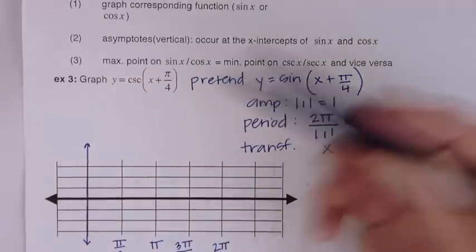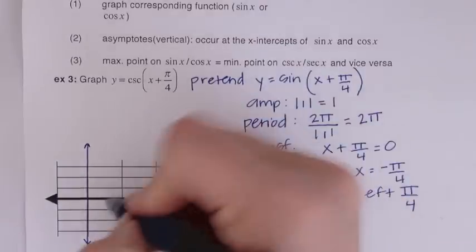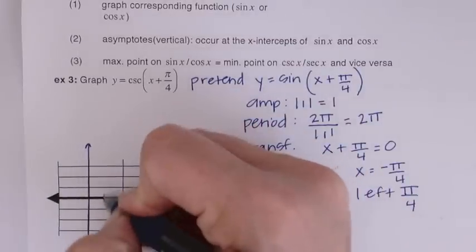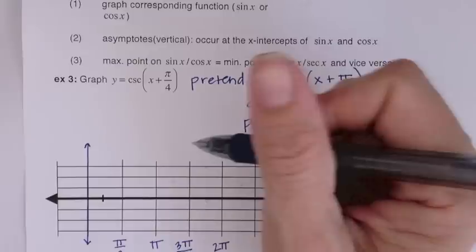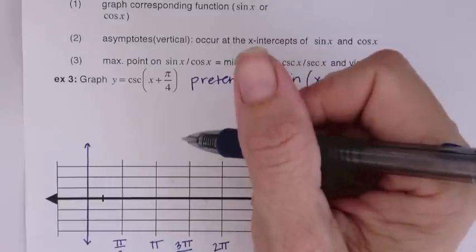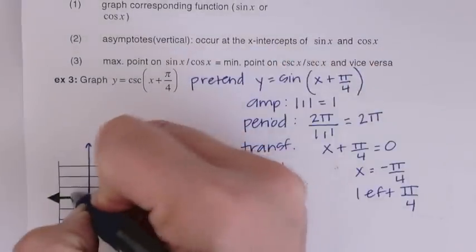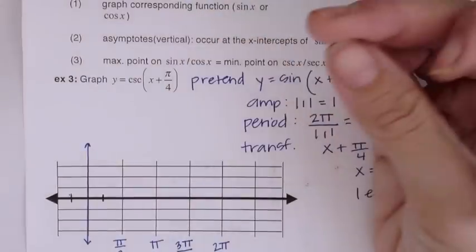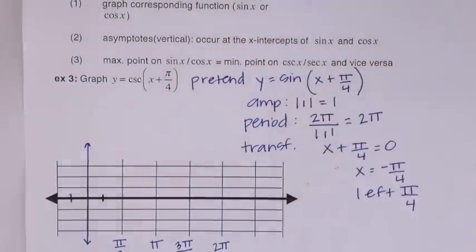So what you'll notice is pi over 4 is actually going to be like right here because it's halfway in between. So what we need to do is realize that we're only going to be moving it over half of one of our pre-drawn increments.